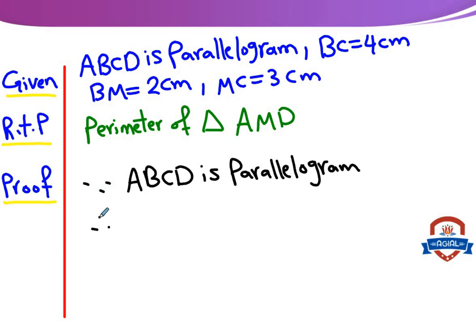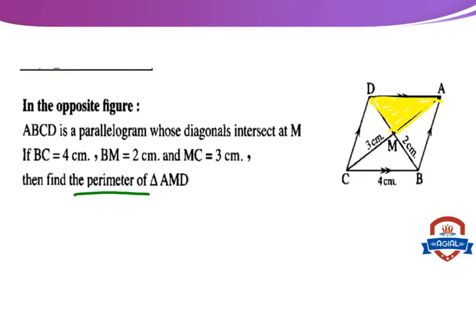Since ABCD is parallelogram, then DA equals 4 centimeter.